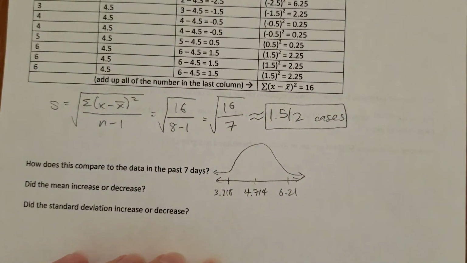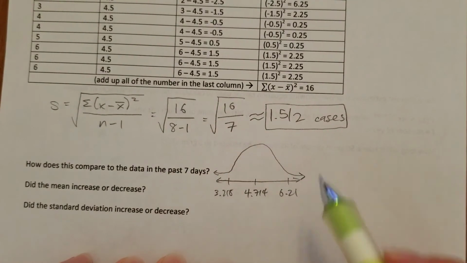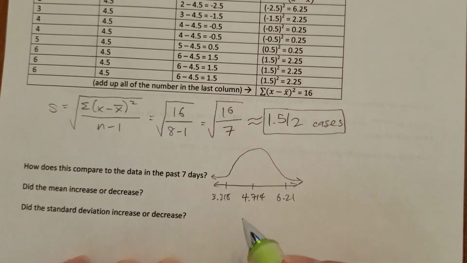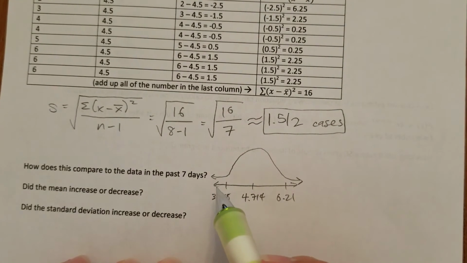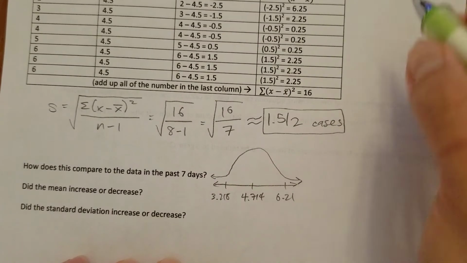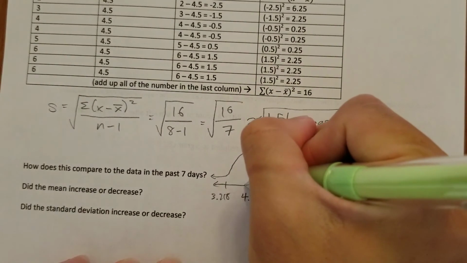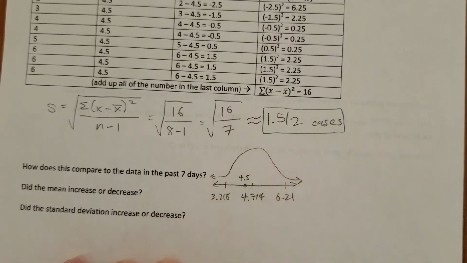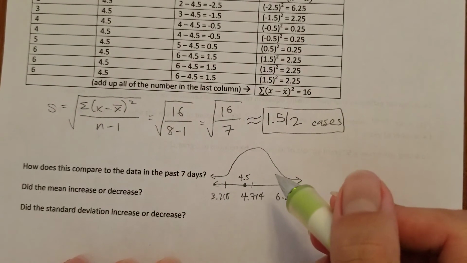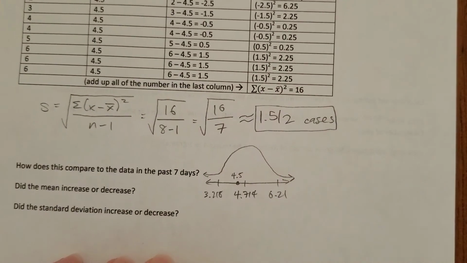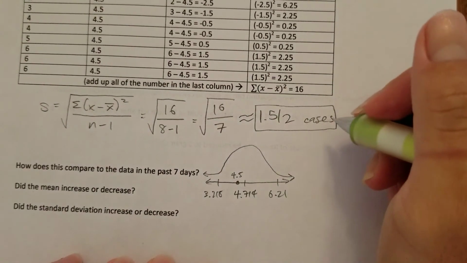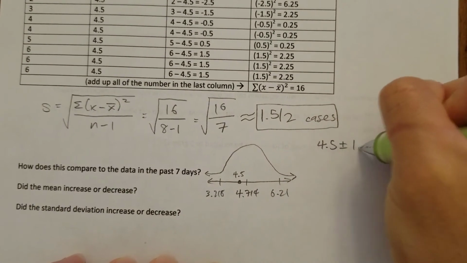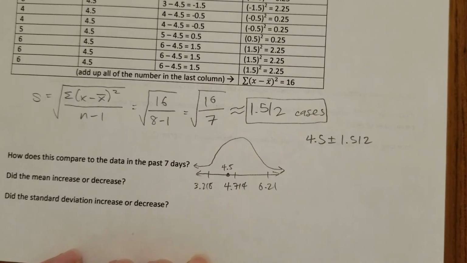Now, if we added a new data point, we knew that we had 3 cases. By having 3 cases, the new data set says that our average dropped to 4.5, and then our new standard deviation, if we had to use that, so we're finding 4.5 plus or minus 1.512.